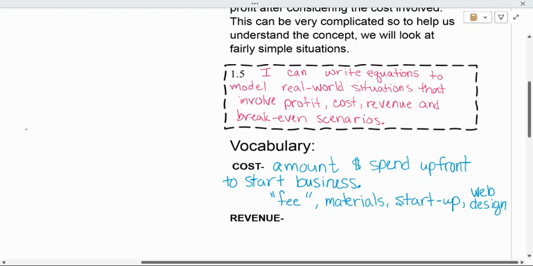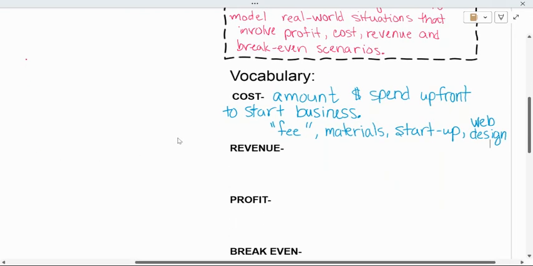Web design. Those are all things that you pay up front. Materials, startup, web design. Maybe you're starting a t-shirt company, so you have to purchase some kind of logo machine, whether it's a decal or an embroidery machine. You also have to purchase all of your t-shirts up front, things like that. Those are what costs are, okay?